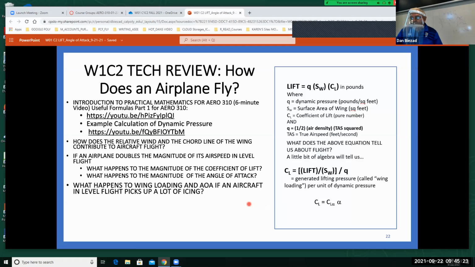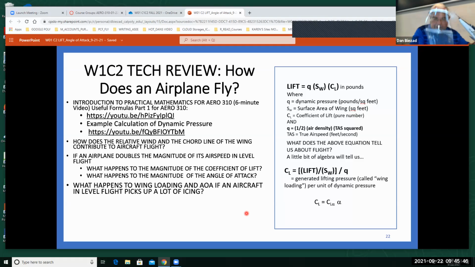What happens to wing loading and angle of attack if an aircraft in level flight picks up a lot of icing? We'll talk about this next week a little bit. So if I'm flying and I'm getting icing, what's the first thing that happens? I start picking up icing. It's heavy, right? It's just like I was adding fuel to the airplane. I get heavier and heavier.